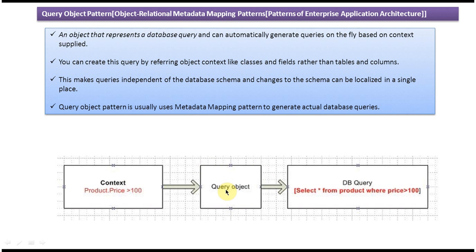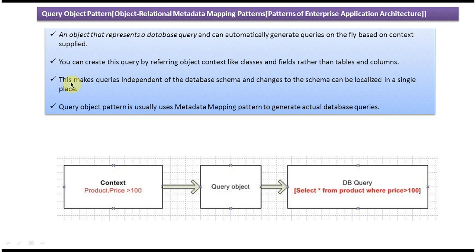So using the objects and fields, it automatically generates the SQLs. So it does not need to know about tables and column information. Based on the classes, objects and their fields, it is automatically generating.